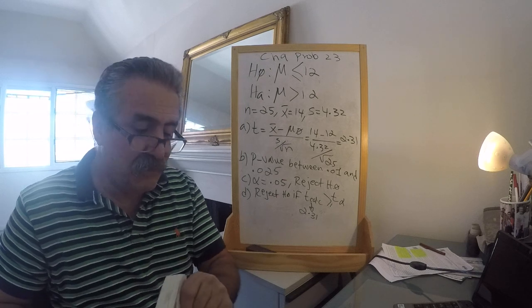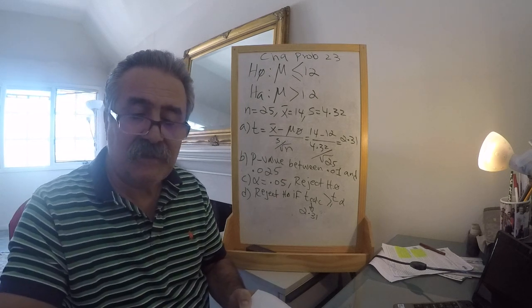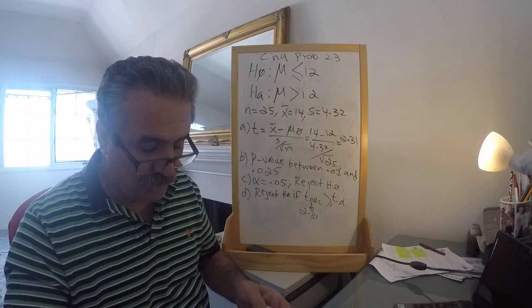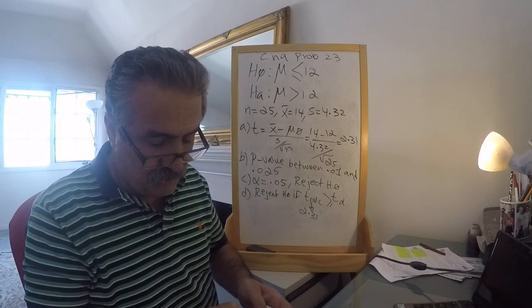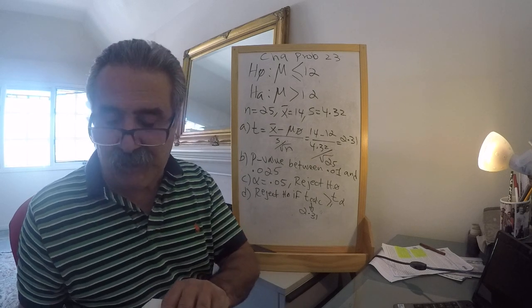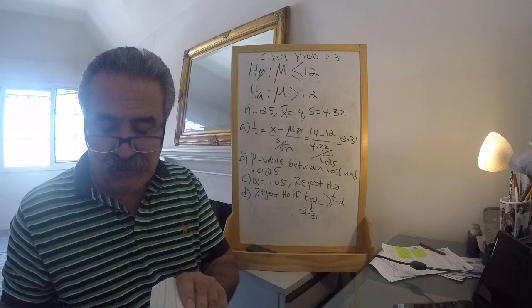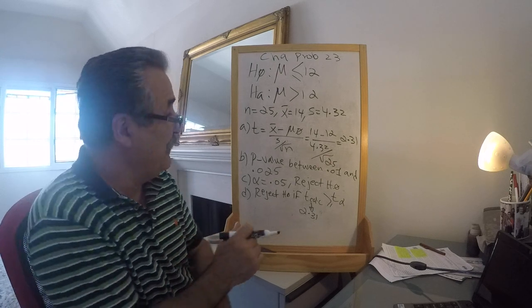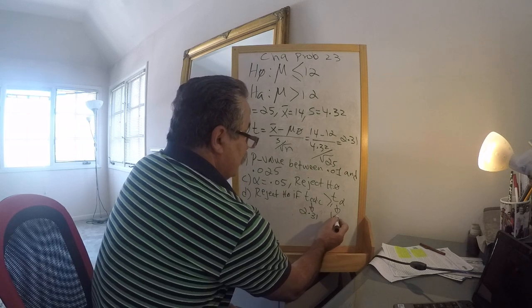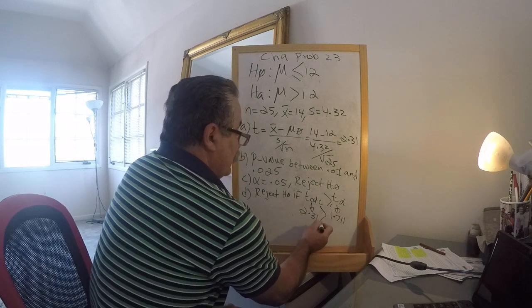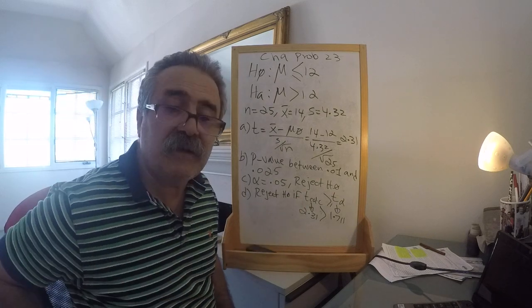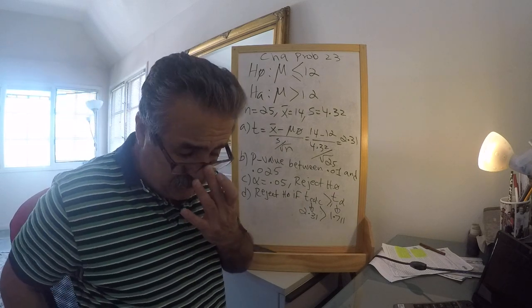The T of the alpha is 1.711. Therefore, T calc is greater than T of the alpha. We go ahead and reject the H0.